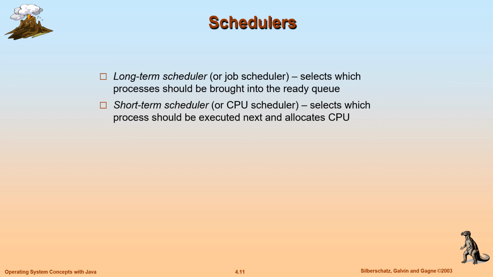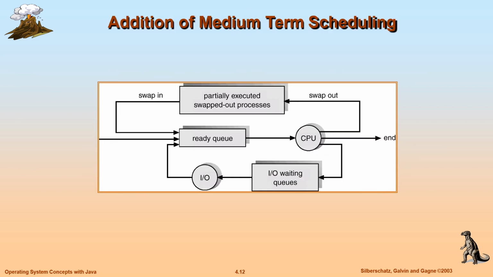A process may execute for only a few milliseconds before waiting for an IO request. Very often, the short-term scheduler executes at least once every 100 milliseconds. Then there is medium-term scheduling in the diagram you are seeing on the screen.